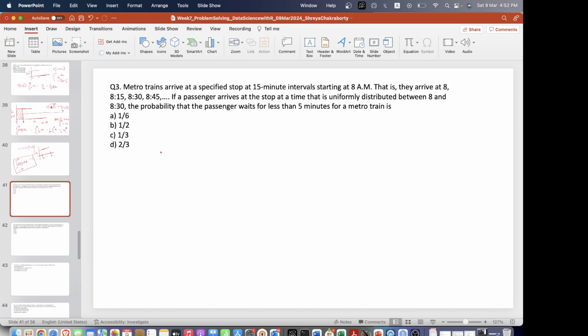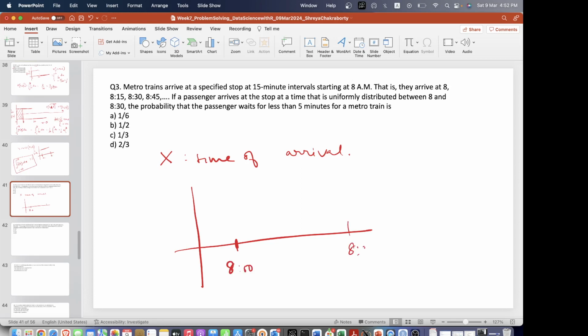Okay, so let x be the time of arrival, between 8 to 8:30. So this is the uniform distribution that we are talking about.